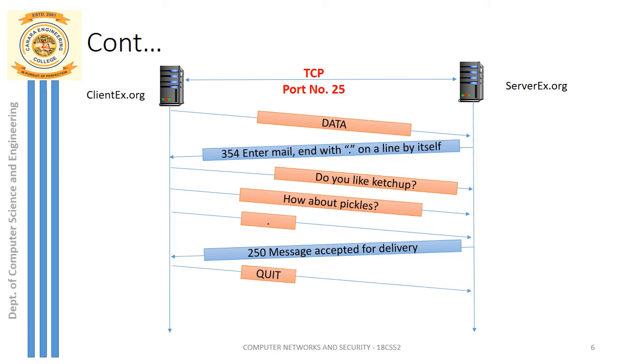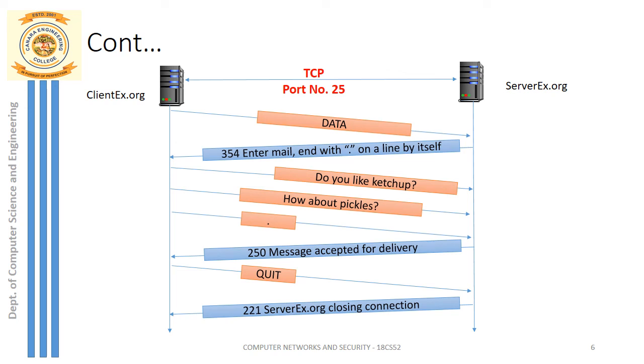Once the delivery message is received, the client will quit the connection and the server will provide the acknowledgement for closing the connection. Now the TCP connection established between client and server will be disconnected.